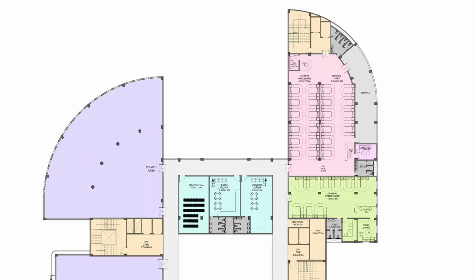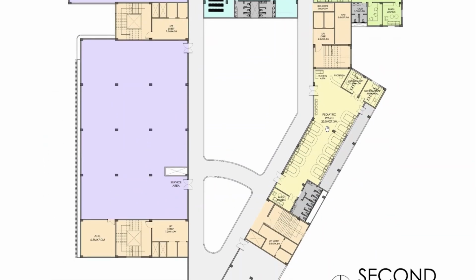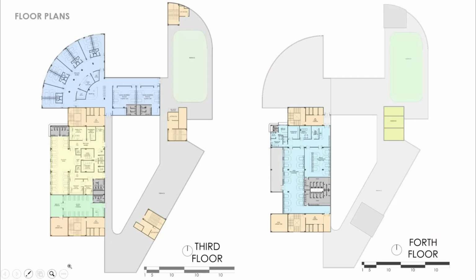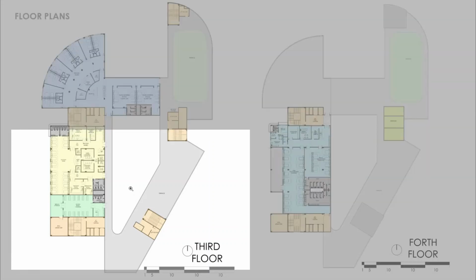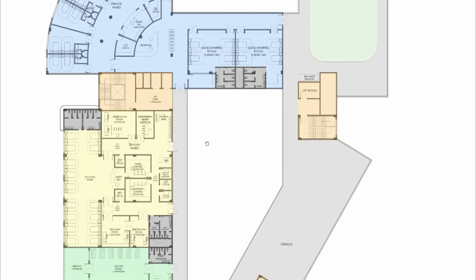On the north corner, we have the general ward, again in order to use the north light, and the pediatric ward on the eastern facade. On the fourth floor, we have a 15-bedded isolation ward, which has direct access to the southern core.